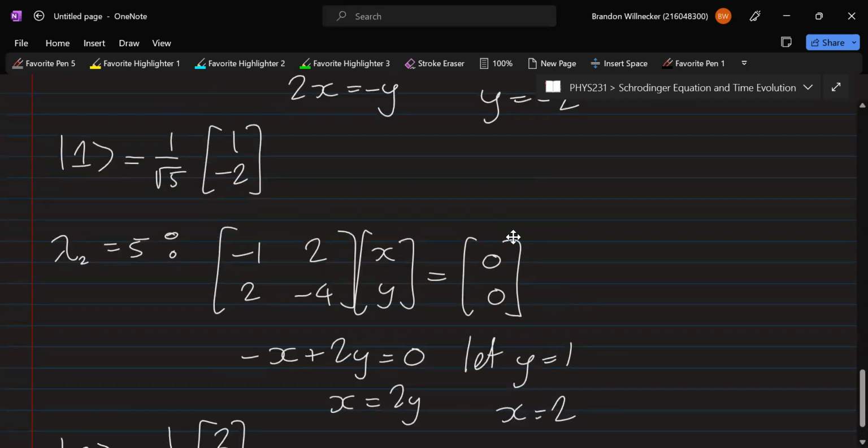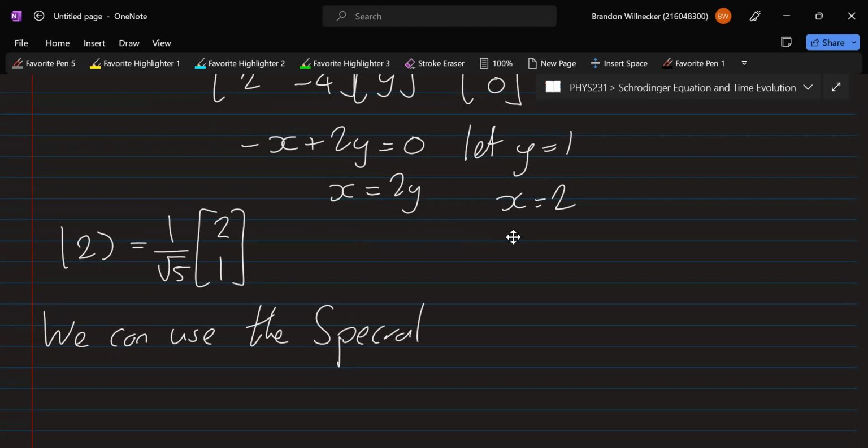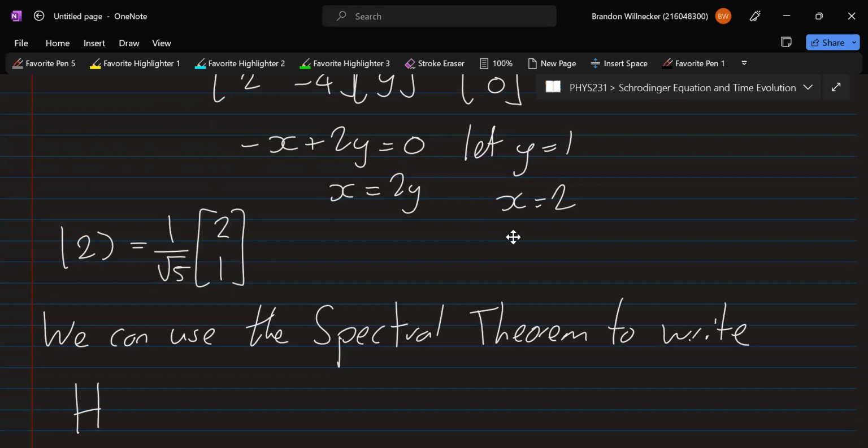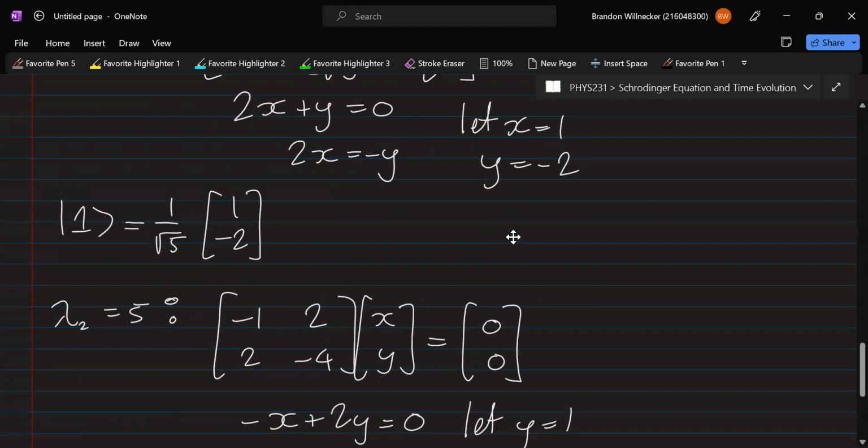Okay, so we have our 2 eigenvalues and our 2 eigenvectors. If we use the spectral theorem, so we can use the spectral theorem to write H is equal to the first eigenvalue, that's 0, and then the first projector is just |1><1|, and everything's fine because we have normalized it.